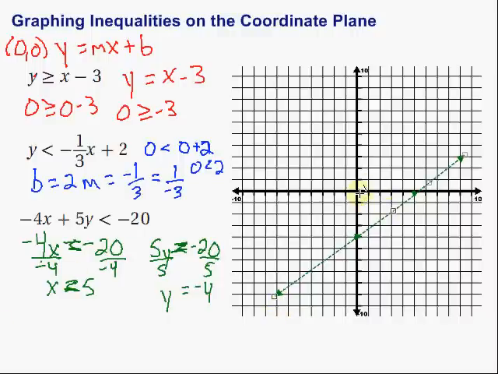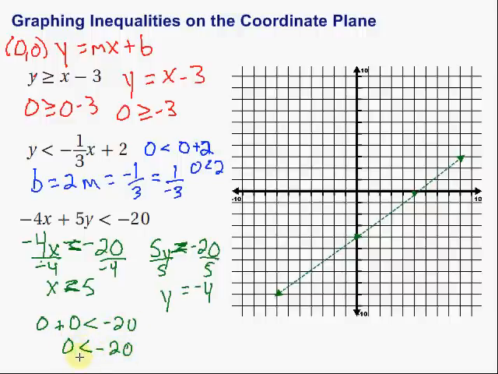So I'm going to fill in 0 for x and 0 for y and see if that's a true inequality. So we have 0 times -4 is just 0, plus 5 times 0 is still 0, is less than -20. 0 is less than -20. Is that true? Well, no, it is not true.